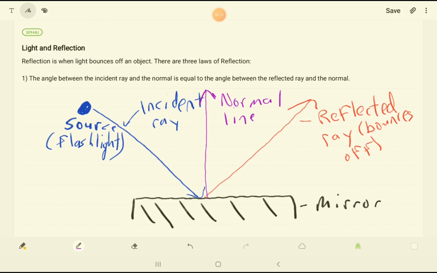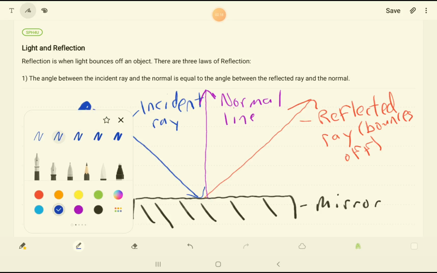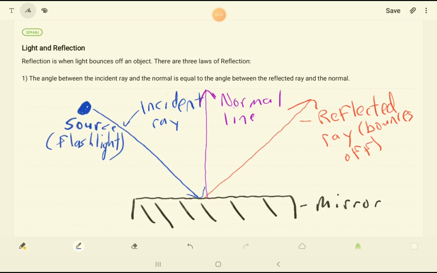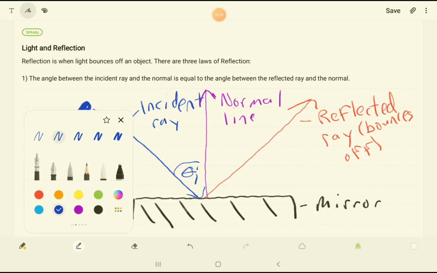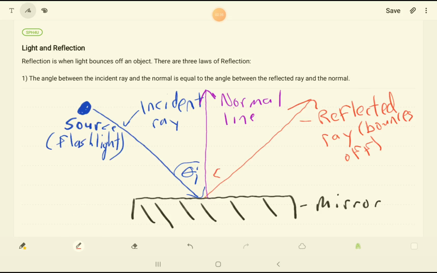And there's a couple of angles to look at here. When we're talking about the angles of the incident ray and the reflected ray with reference to the normal line, so we go theta i, this law states that the incident ray angle and the reflected ray angle with respect to the normal line are going to be the same.